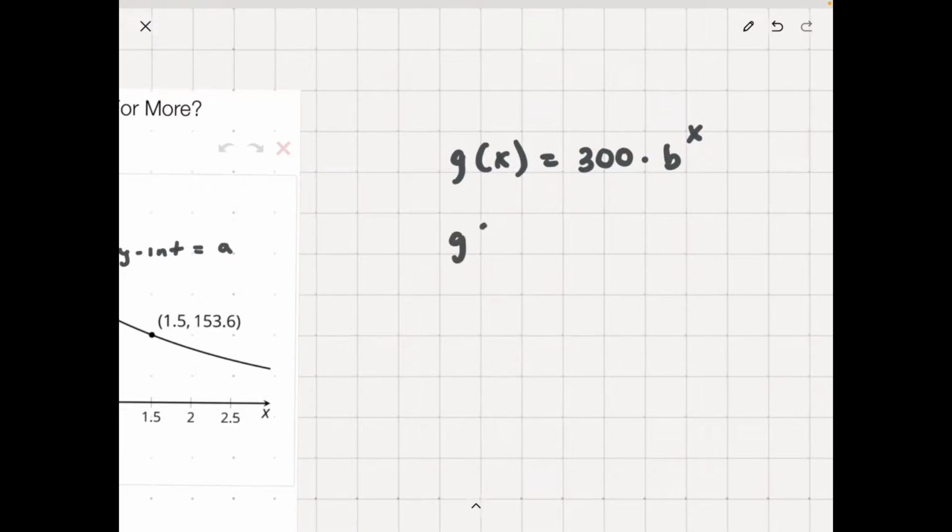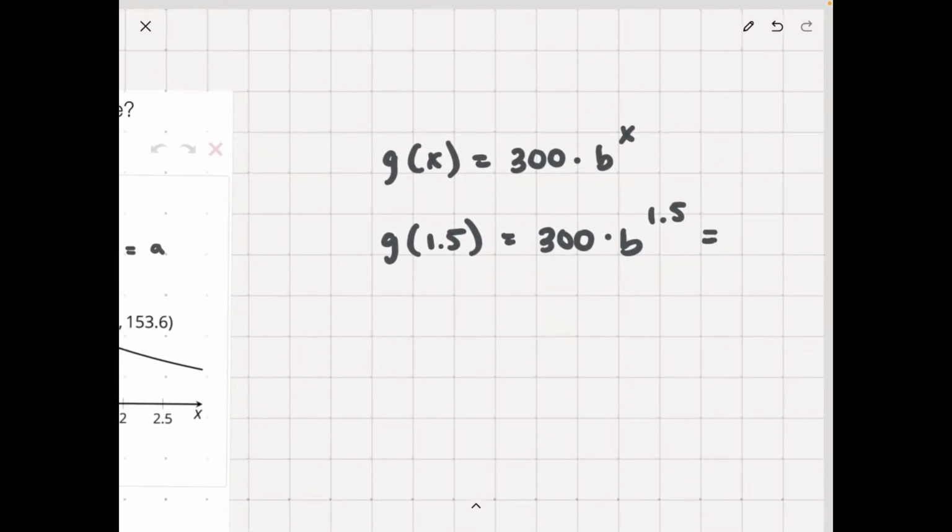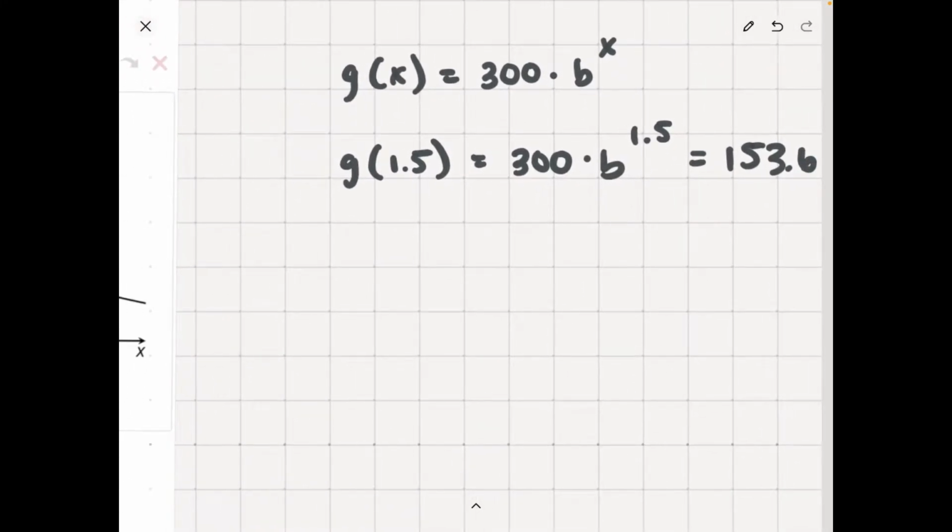So if I plug in 1.5 into this function, this whole thing needs to equal 153.6. Okay, so now I'm able to solve this. I have the ability to now solve this function based off of that input point, right? So let's go ahead and figure out what this would be.